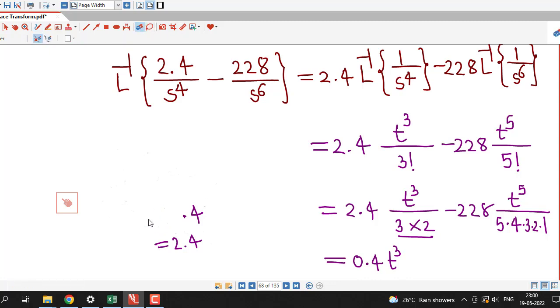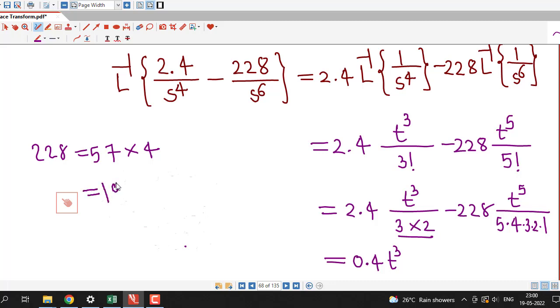Now this 228, we can write 228 as 57 into 4. You can check: 4 into 7 is 28, and then 4 into 5 is 20 plus 2, that is 228. Again we can write this 57 as 19 into 3.